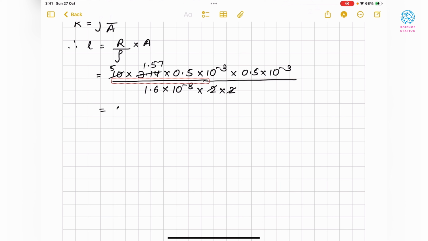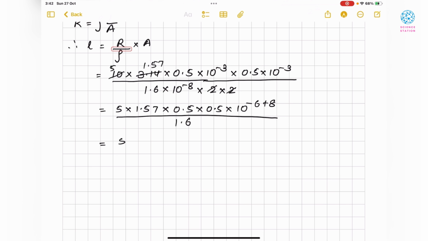So that is coming to 5 into 1.57 into 0.5 into 0.5 into 10 raised to minus 6 plus 8 upon 1.6. So that is 5 into 1.57 into 0.5 into 0.5 upon 1.6 into 10 raised to 2.